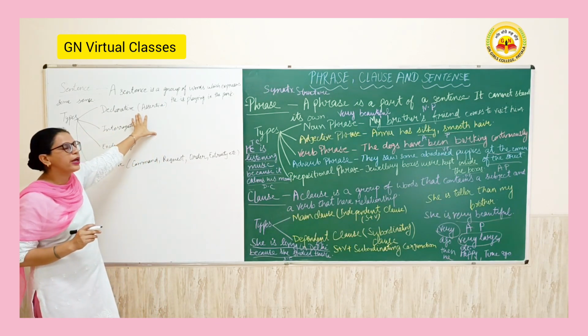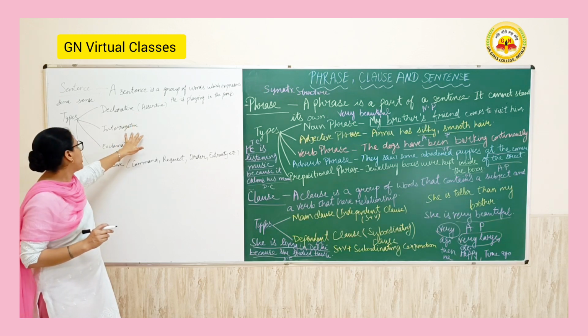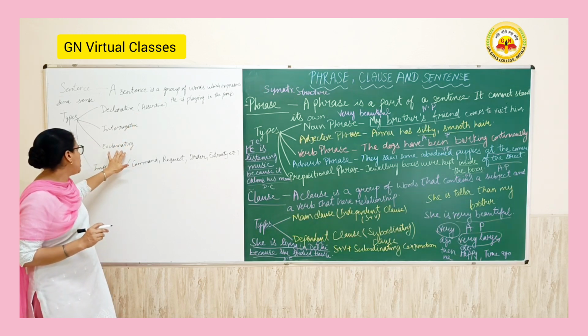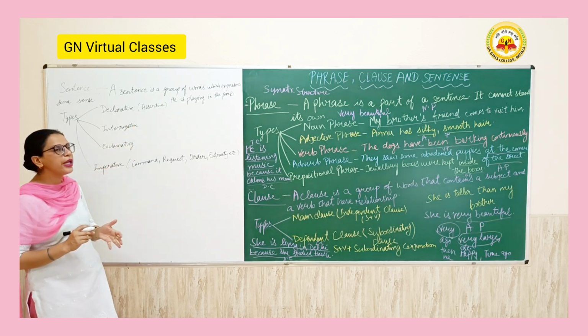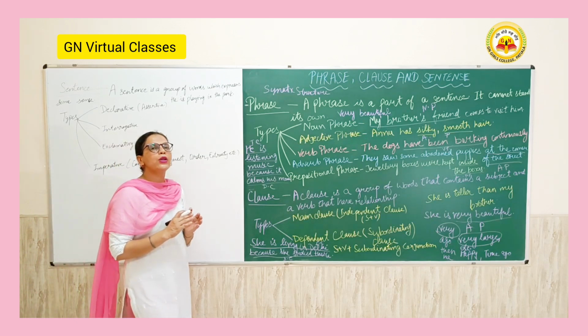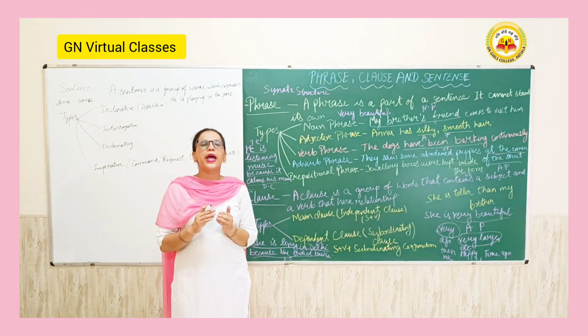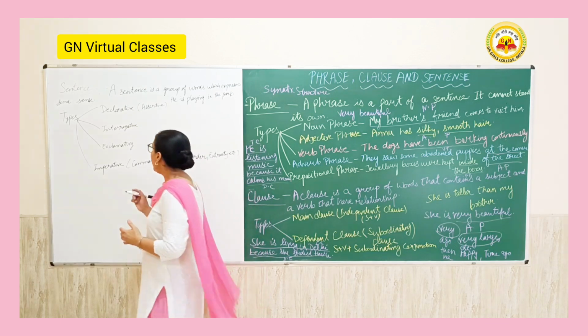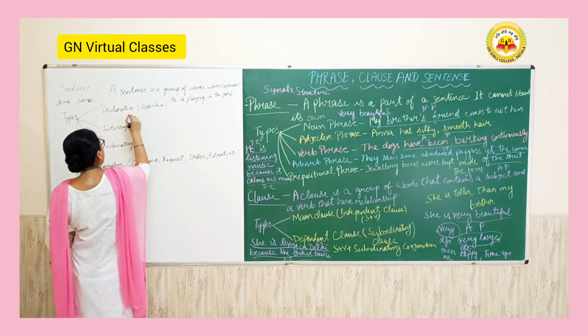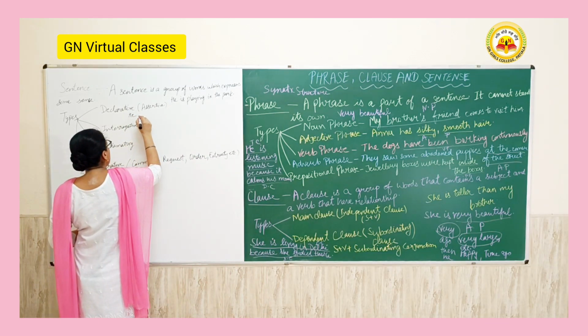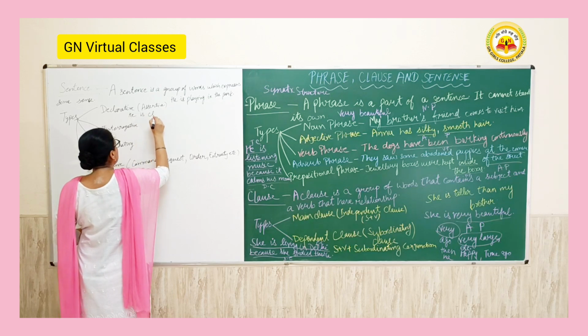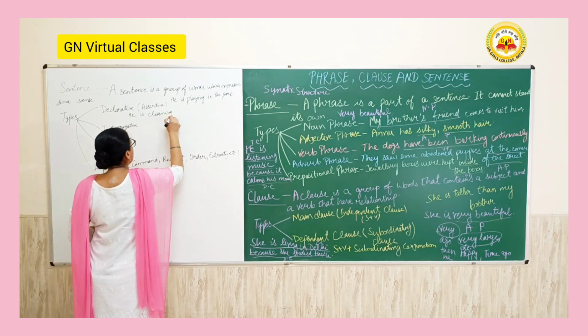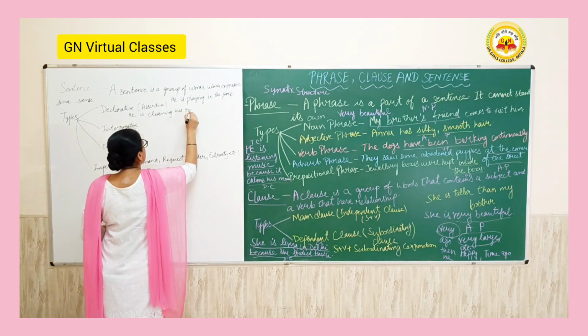Declarative sentences, which are called assertive, interrogative, exclamatory, imperative. Declarative sentences are those sentences which have positive and negative forms. For example, I write here, he is cleaning his room.